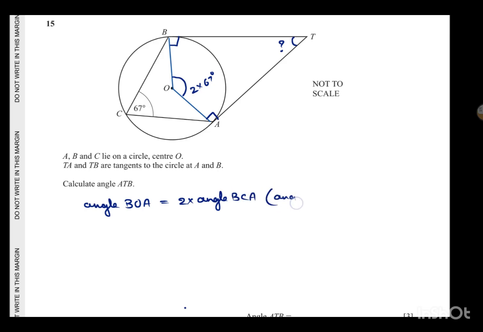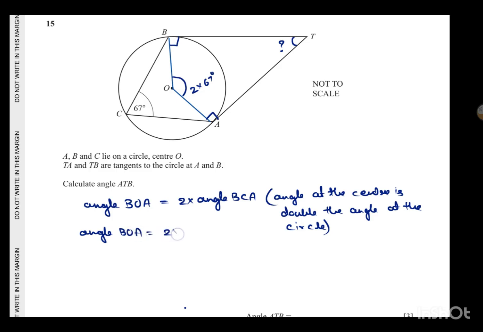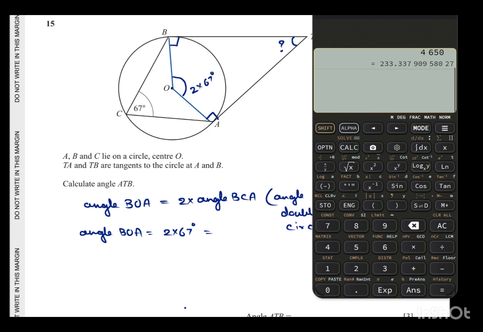Because angle at the center is double the angle at the circle. So here angle BOA, or AOB, is equal to 2 into 67. What is 2 into 67? 134.